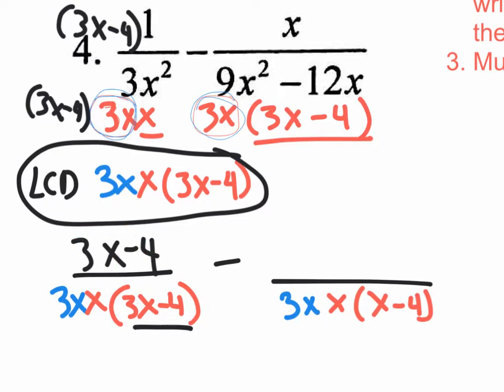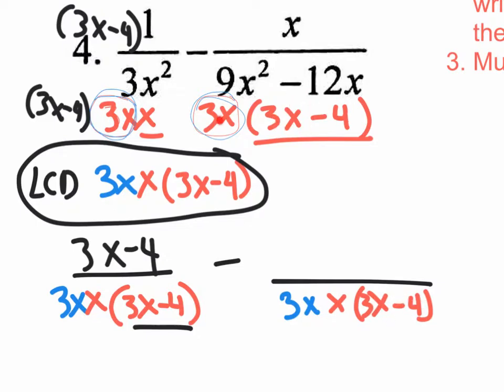Now let's move to the other fraction over here, and this is our new LCD. So how are we going to change this old factored denominator to become this new LCD? Well, the question is what is missing? So I have a 3x up here, I have a 3x down here. I have a 3x minus 4, whoa, that's supposed to be a 3x minus 4, I'm sorry. There we go, I'm glad we caught that. So I have the 3x minus 4 up here, we have a 3x minus 4 down here.